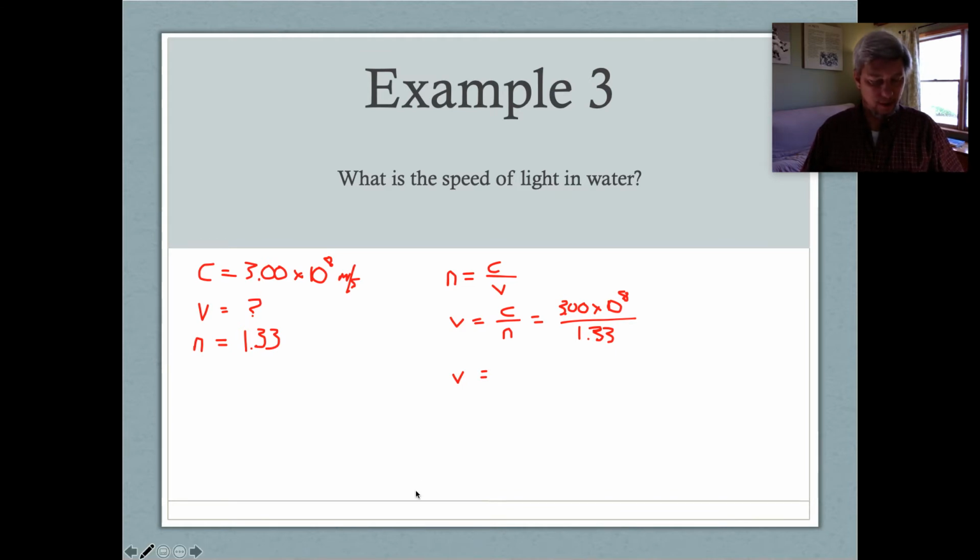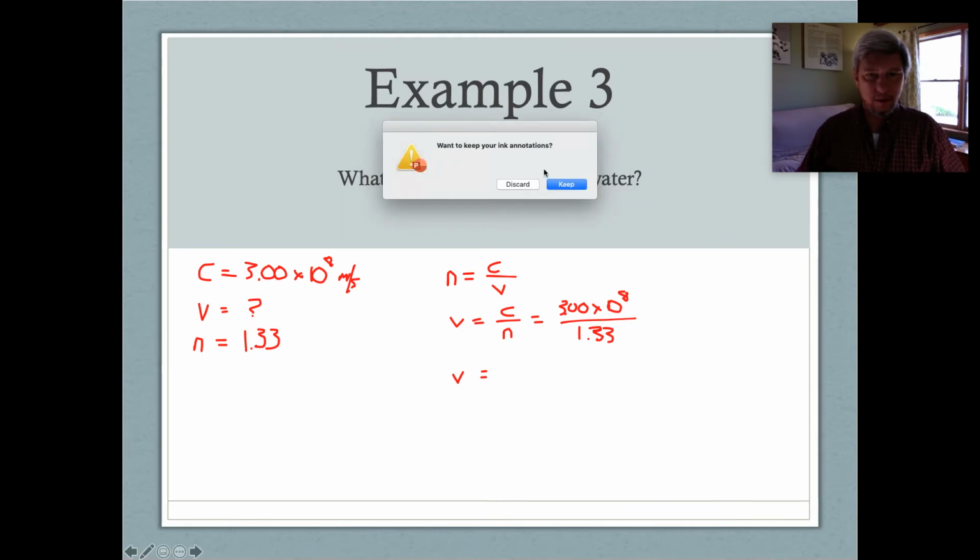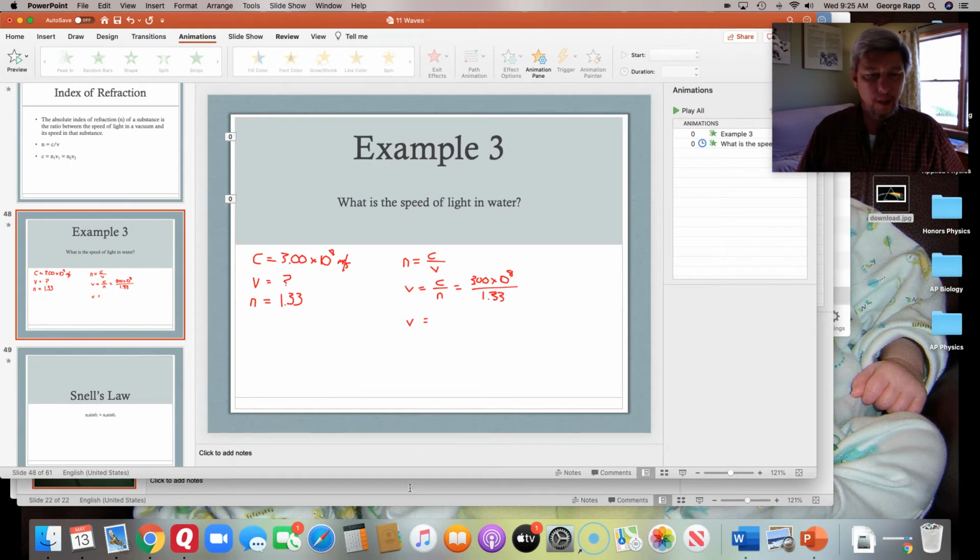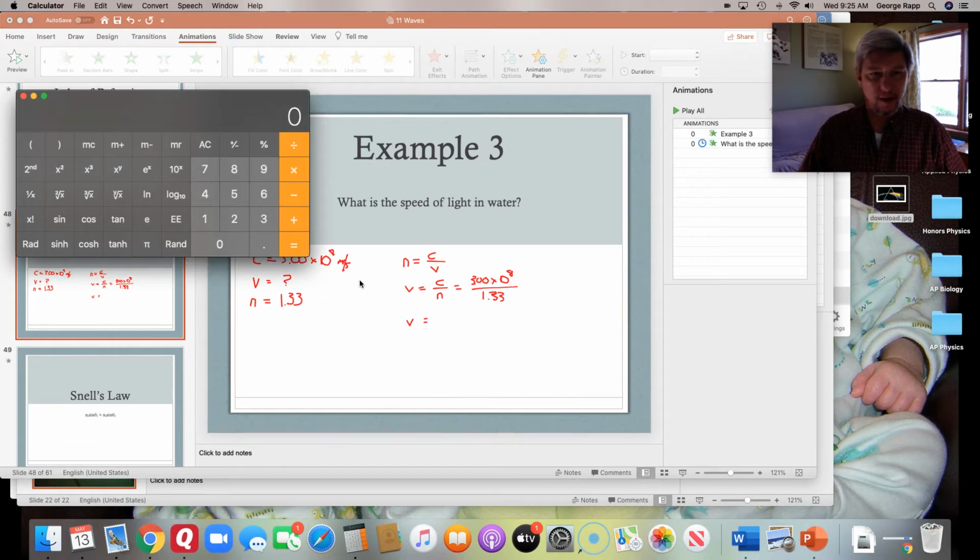All right, we'll keep those for now. We'll get our handy dandy calculator out. 3.00 times 10 to the 8th divided by 1.33, and bam, we get a big number.